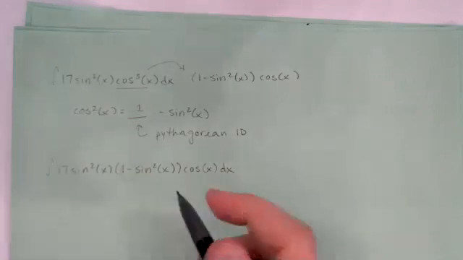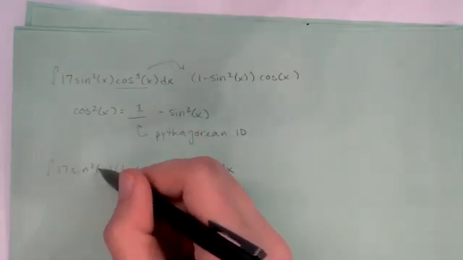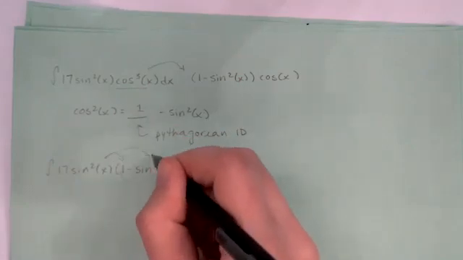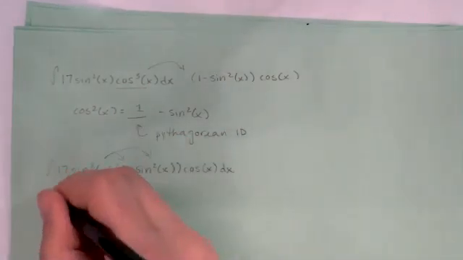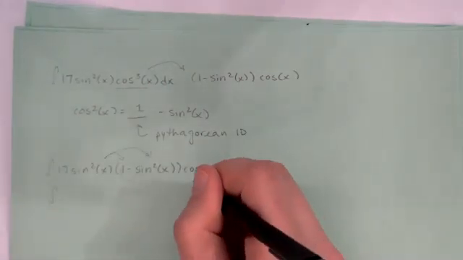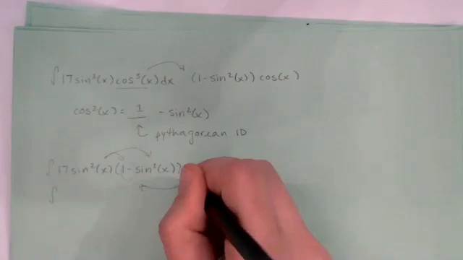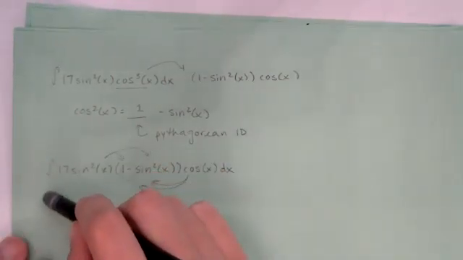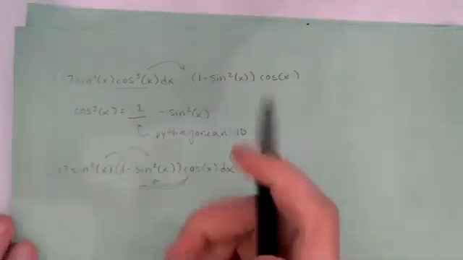And so then that means that we'll get this 17 sine squared. That'll distribute to the 1, and it'll also distribute to a sine squared right there. It actually distributes the cosine as well. So you'll have 2 integrals.